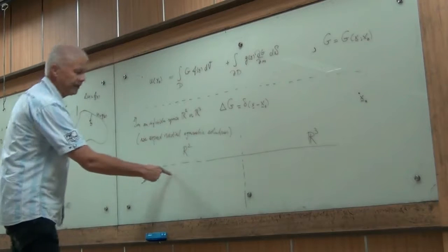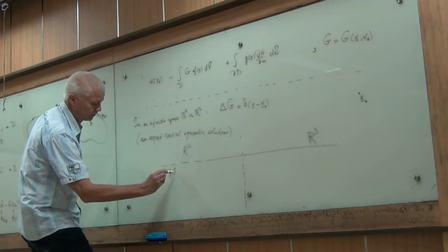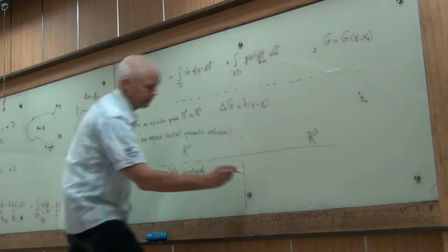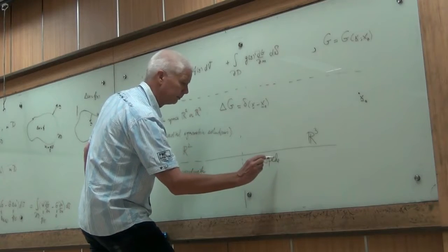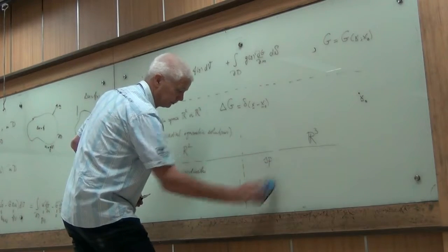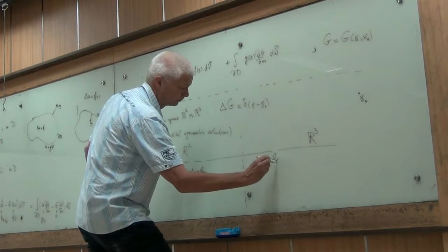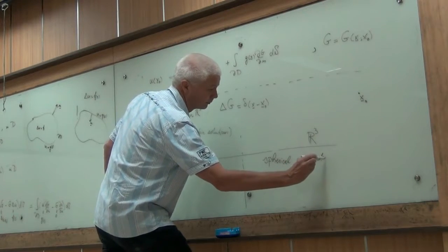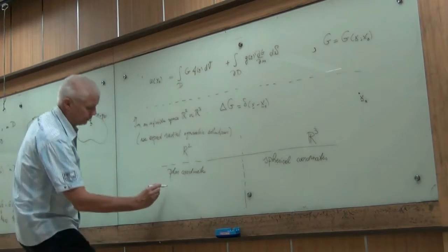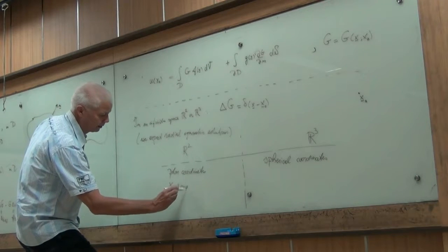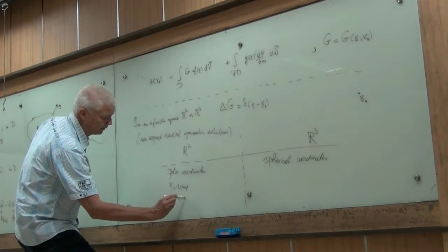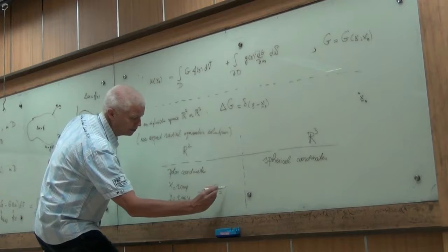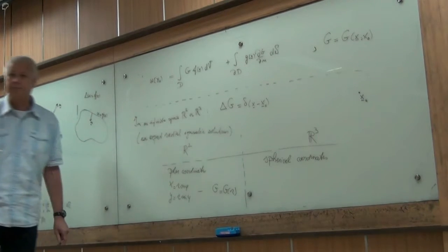So we are going to introduce polar coordinates and here spherical coordinates. Then x is r cosine phi, y is r sine phi. But the most important thing is that my g is a g of only r.